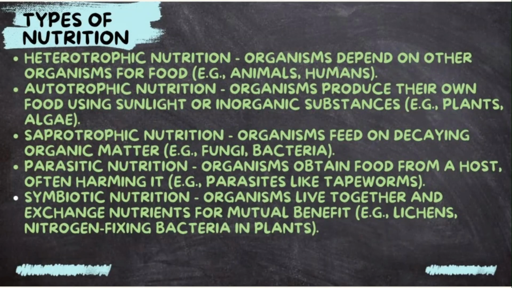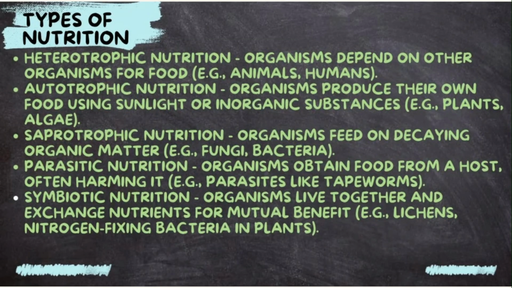the type of symbiotic relationship that would result in mutual benefit would be a mutualistic symbiotic relationship, meaning that both organisms benefit, they live together and they exchange nutrients, as in you do something for me, I do something for you.